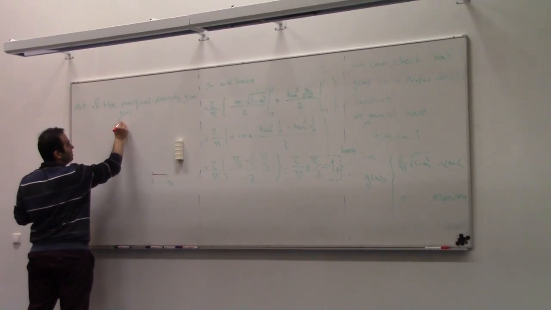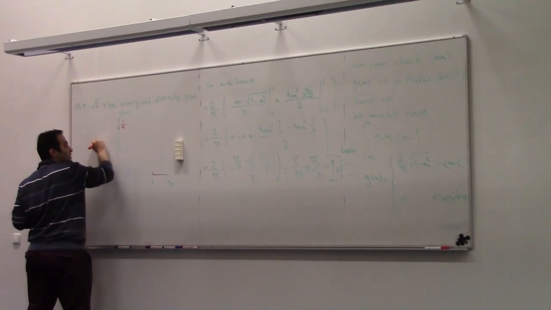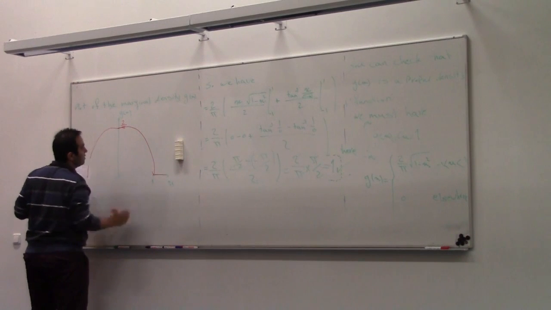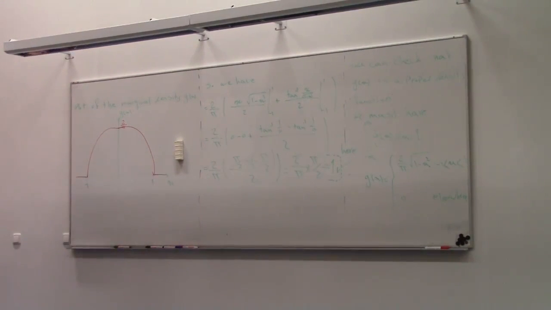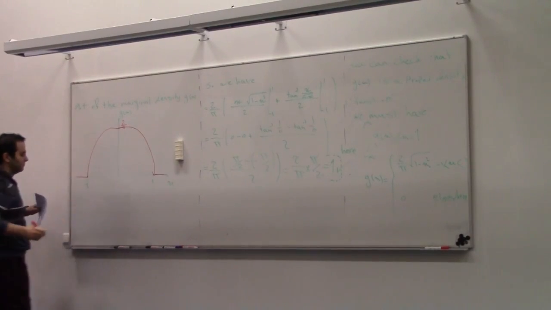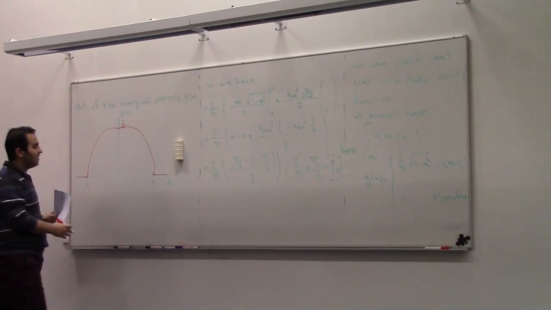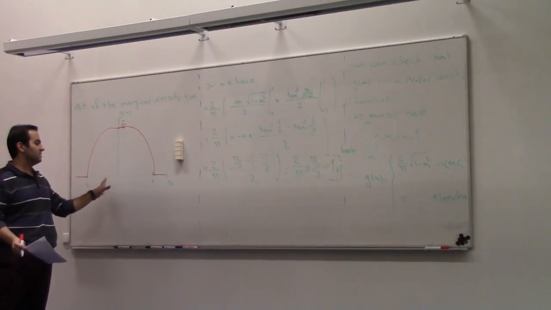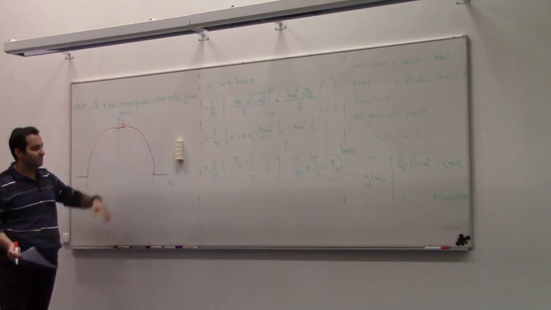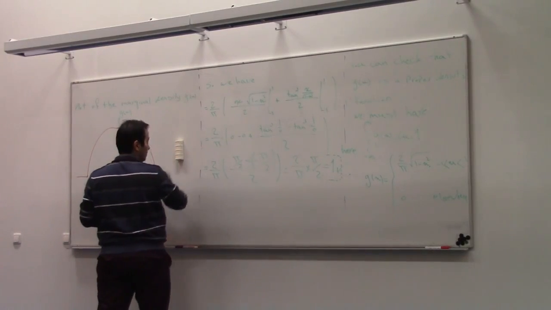You can put 2 over pi here. We have a shape like this for the Jx, 0 before minus 1 and after 1. In this range, we have the shape like this.